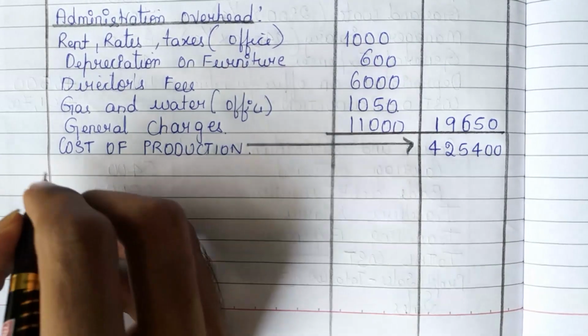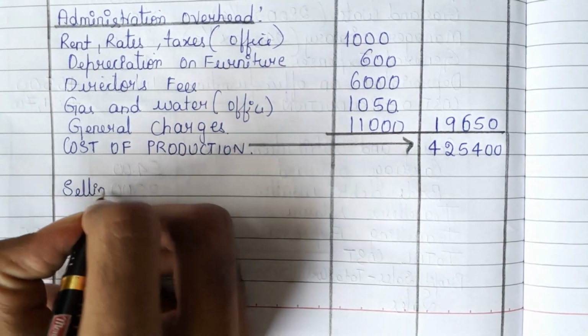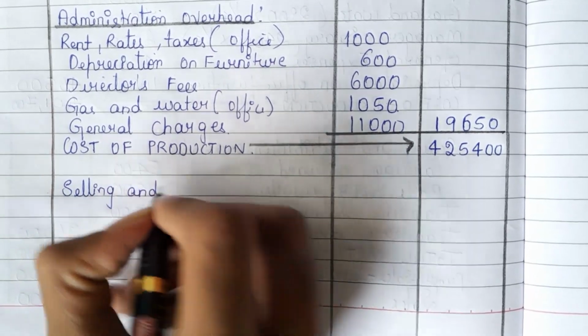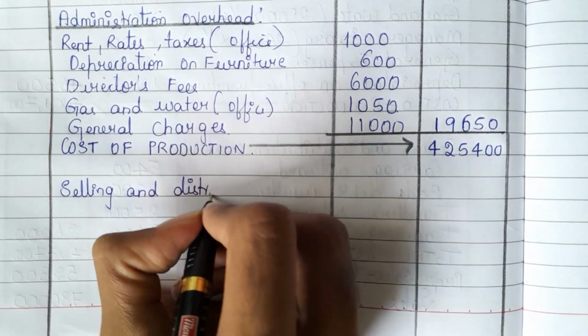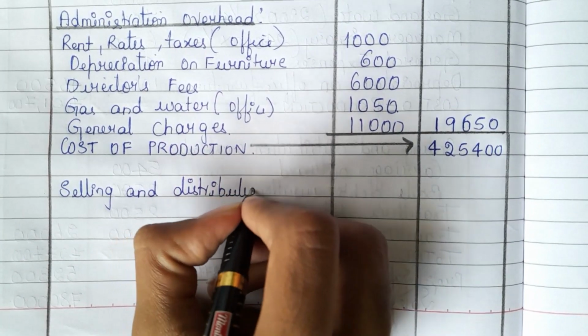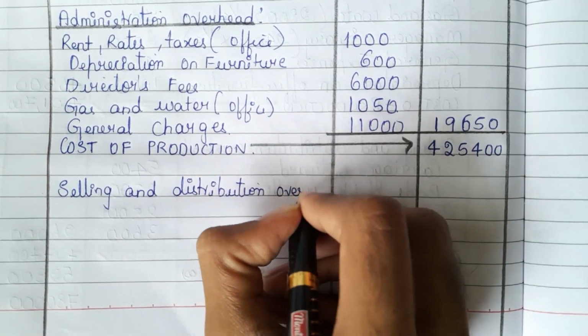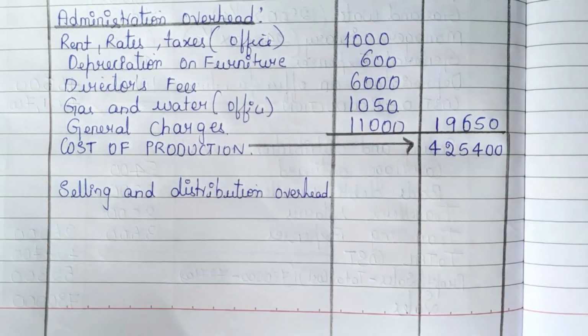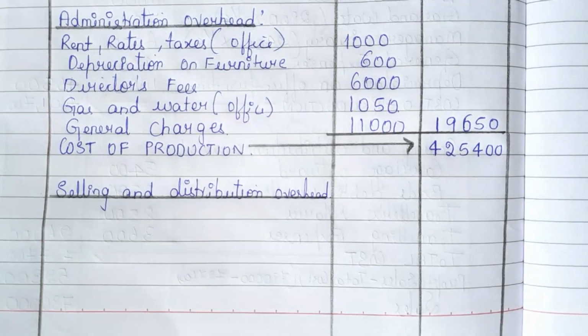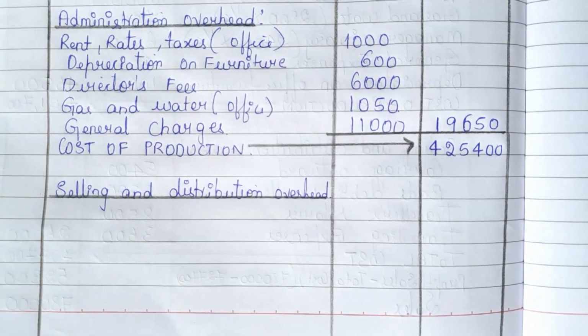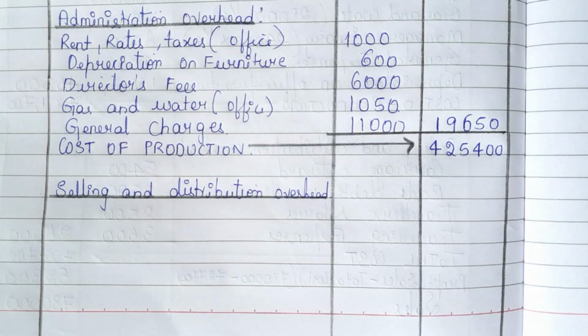Next, what is the procedure? We need to add selling and distribution overhead. Now please look into the question. What all selling and distribution overheads do we have? Counting house salaries.